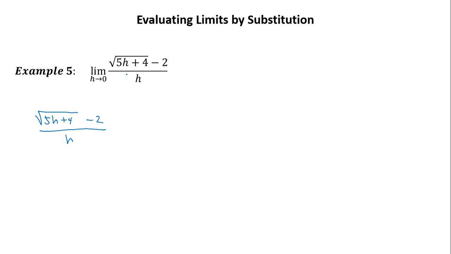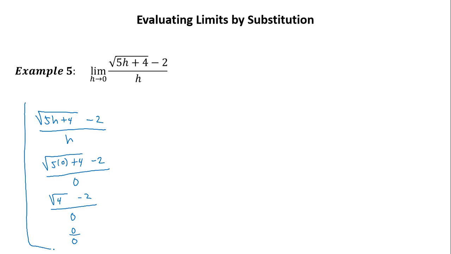Now if we substitute 0, we will have the square root of 5 times 0 plus 4 minus 2 over 0. So this is the square root of 4 minus 2 over 0. And take note, the square root of 4 is 2, and 2 minus 2 is 0. So we have 0 over 0.